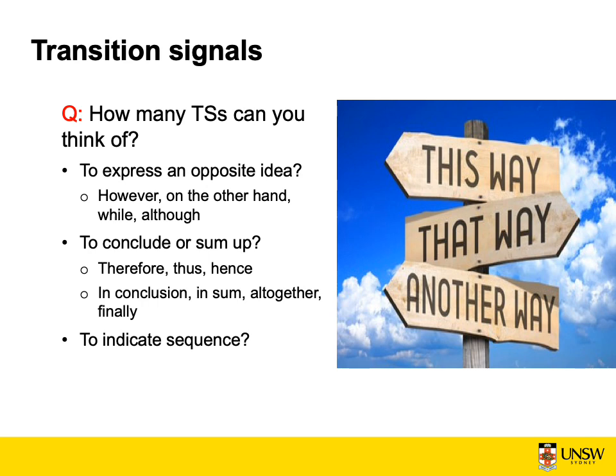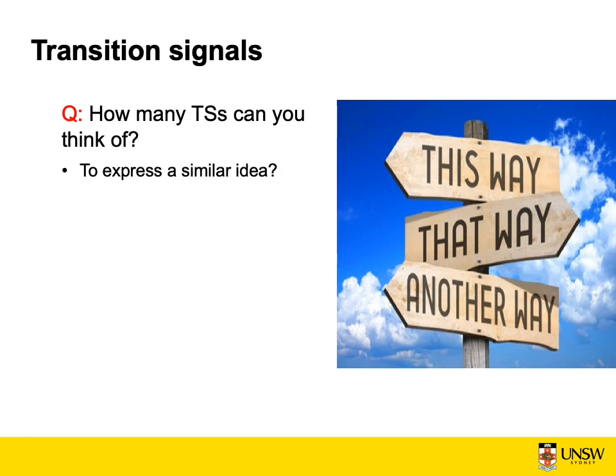And transition signals to indicate sequence, and you probably have already seen these even in some of the examples we've looked at. This might be first, second, third, to begin, next, following this, and finally. You might also have some to express a similar idea: in addition, moreover, furthermore.